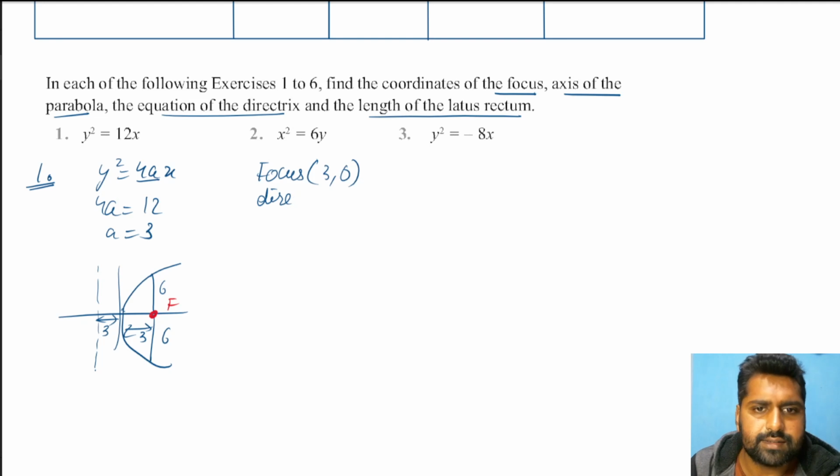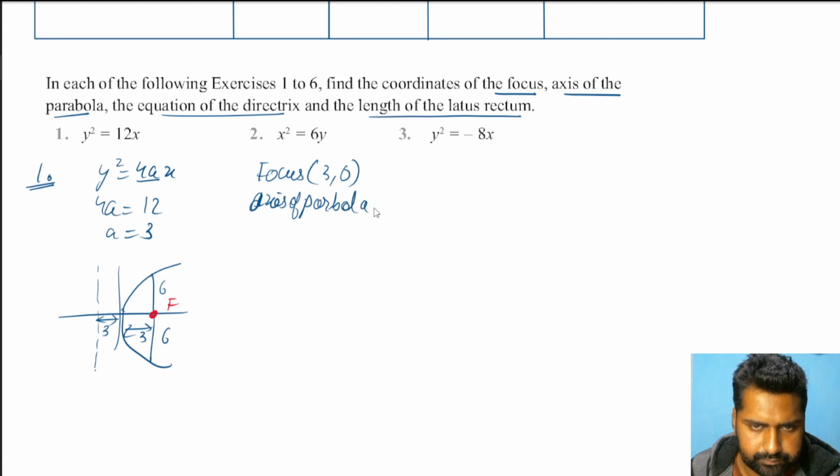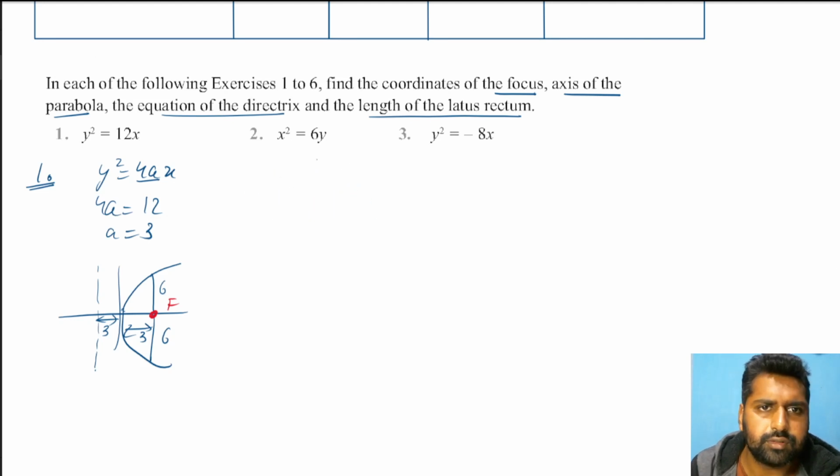first he's asking for axis of parabola, axis of parabola. One second, I'll just create a sort of table so that we don't have to write everything over and over again.